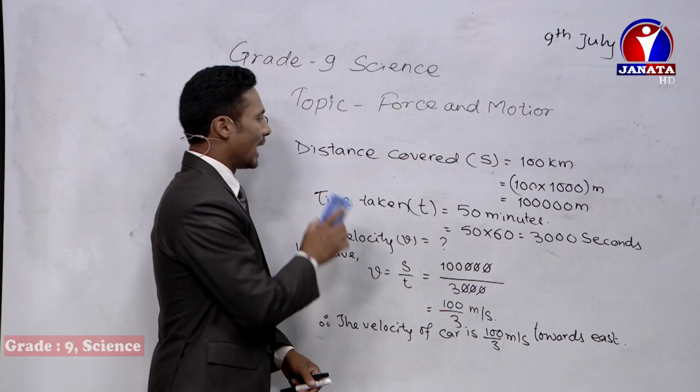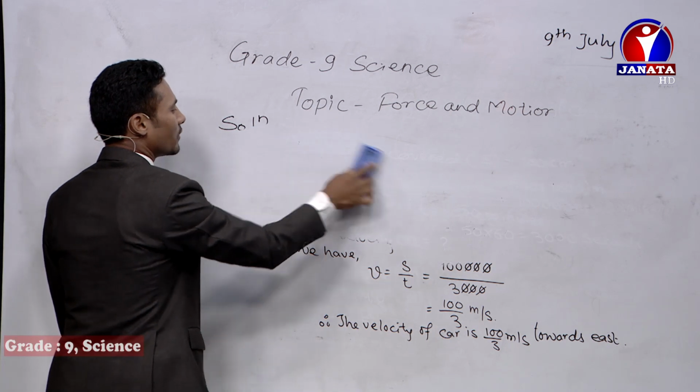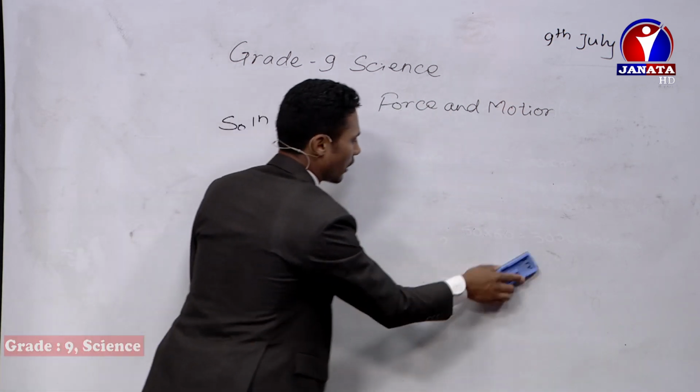Okay, and especially in our daily life, the velocity is a variable one, right? The velocity is not uniform. Generally the velocity is non-uniform.